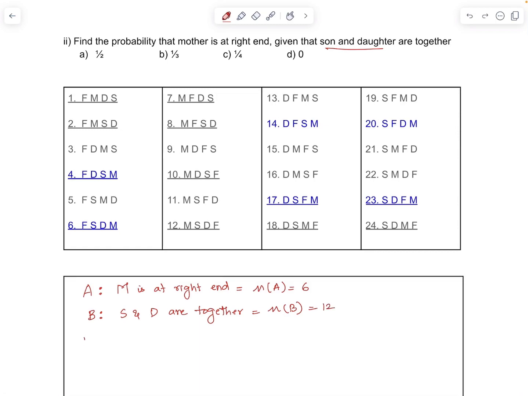12. Probability of mother at the right end given that son and daughter are together, that is A given B, which is P of A intersection B by P of B. Here A intersection B refers to the arrangements where both mother is at the right end and son and daughter are together. So n of A intersection B is 4.